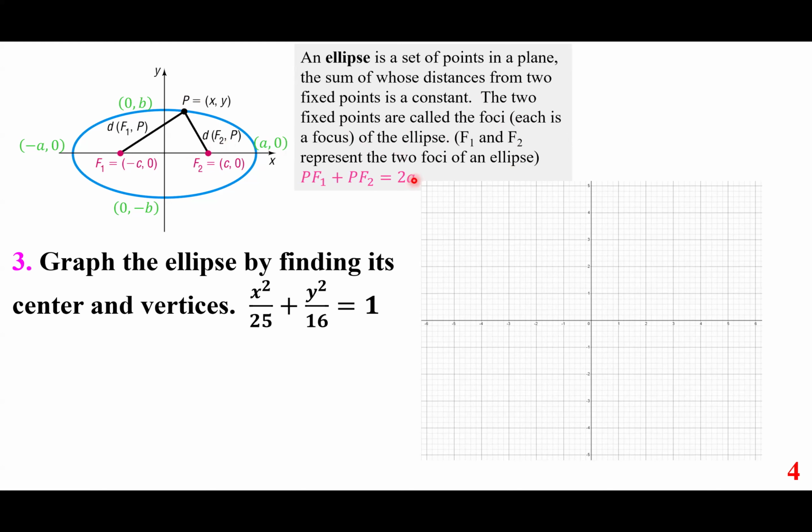They represent the two foci of an ellipse. So PF1 plus PF2 is fixed, and it is equal to 2a. So it's very straightforward. That is the definition.